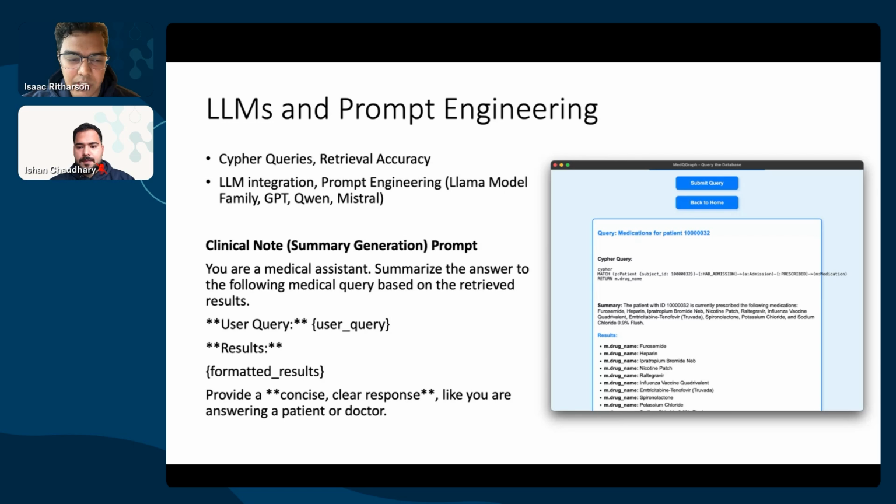So here is a prompt that we also gave to generate accurate clinical notes, which gives the query as well as the formatted results that were retrieved from the Cypher query to give a much better summary of any questions that have been asked about a patient with a certain ID.